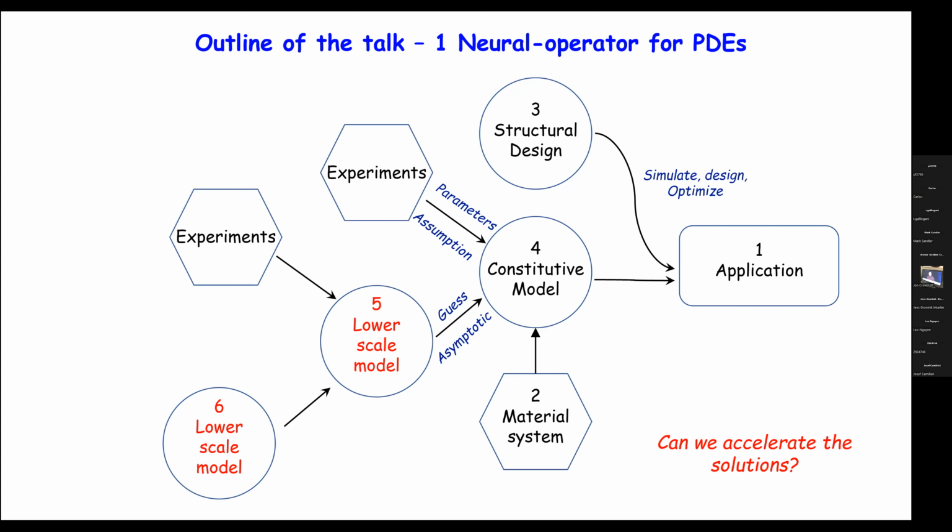However, these lower length scale models are, if not always, very expensive to solve. And I will give you an example in 2 minutes. But basically, the first question is, can we accelerate the solutions of these lower length scale models so that we can use them in our multi-scale modeling framework? So that's the first question I would like to discuss.